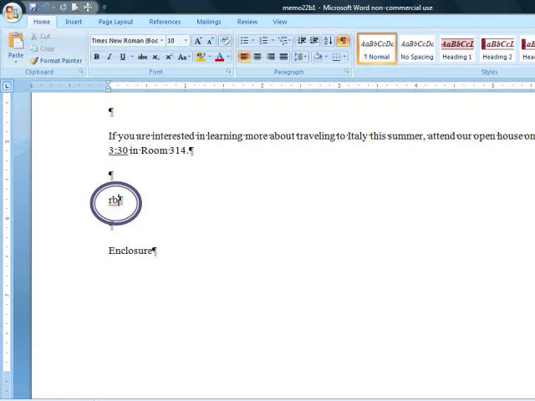As you can see here, I have added my initials RB in lowercase letters without periods behind my name. It is double space below the body of the text.